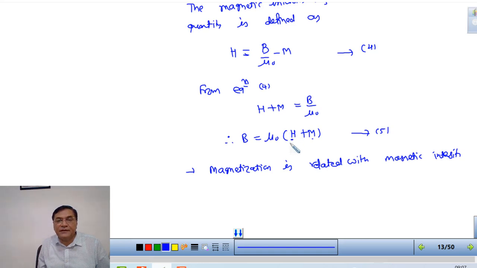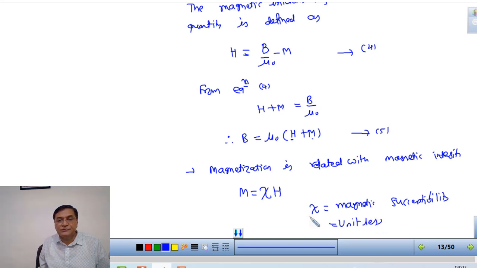Magnetization depends on the magnetic intensity, that is, on the current we give from outside. So M is equal to chi H, where chi is called magnetic susceptibility. And it is unitless. Why? Because H and M have the same unit, ampere per meter, which cancel. So chi is unitless. And this depends on the type of the material and also on temperature.